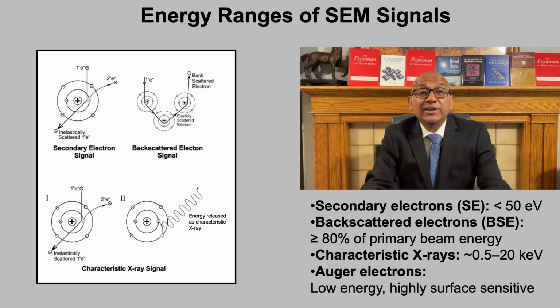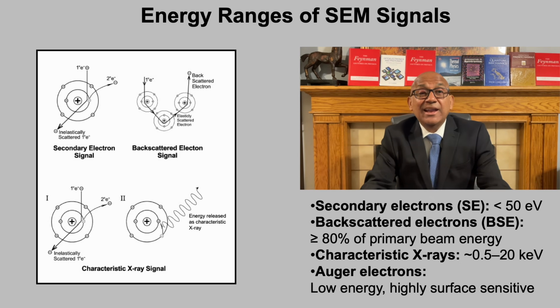Backscattered electrons, in contrast, retain a large fraction of the incident beam energy, often 80% or more of the primary electron energy. Their higher energy allows them to escape from deeper regions of the specimen, making them sensitive to atomic number and compositional contrast.